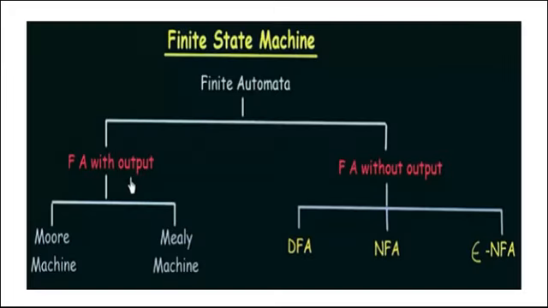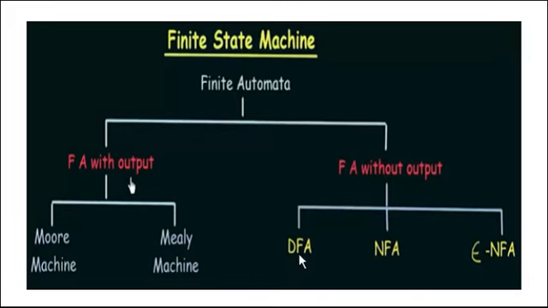Now let us see the finite state machine and its classification. The finite state machine, that is, the finite automata, is broadly classified into two types: finite automata with output and finite automata without output. Finite automata without output is further classified into three types. The first one is the DFA.